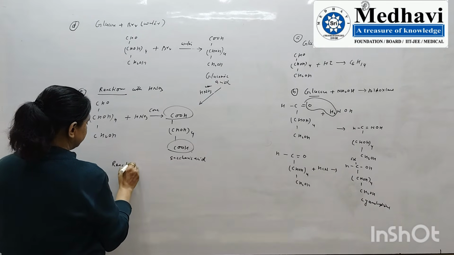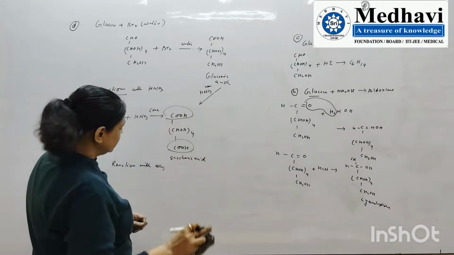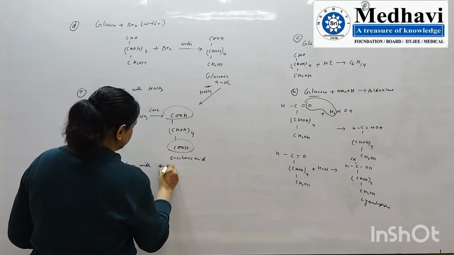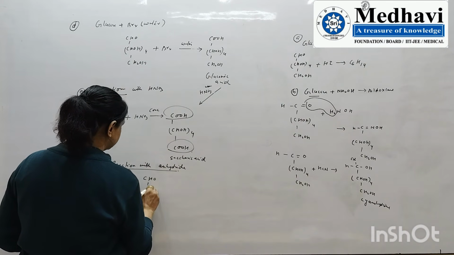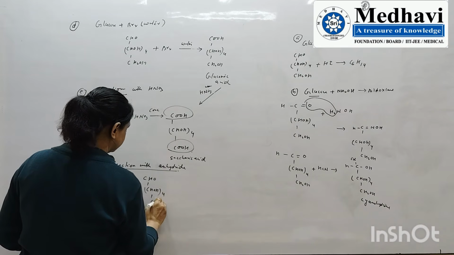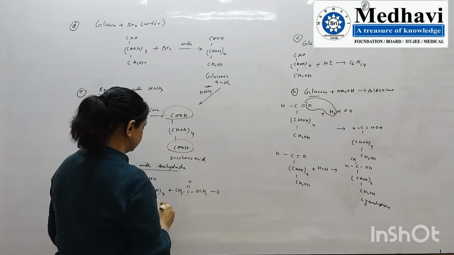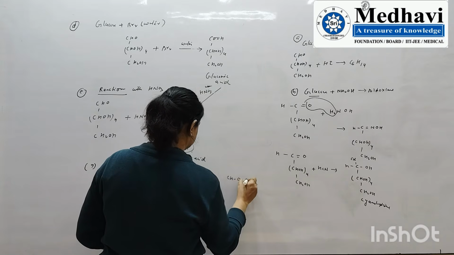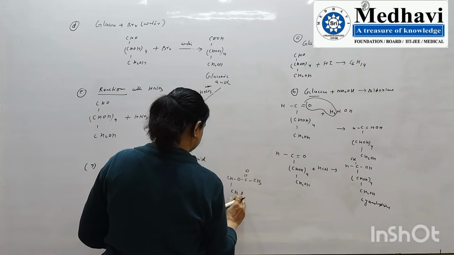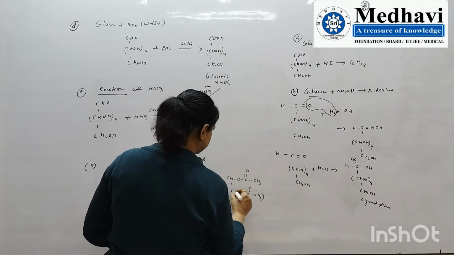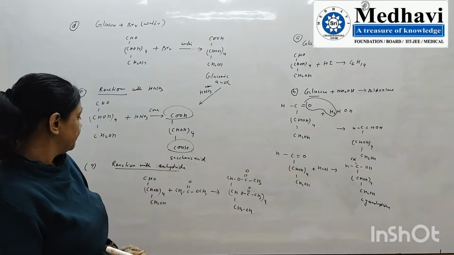The next reaction is the reaction with anhydride. This is the product formed when reacted with anhydride.